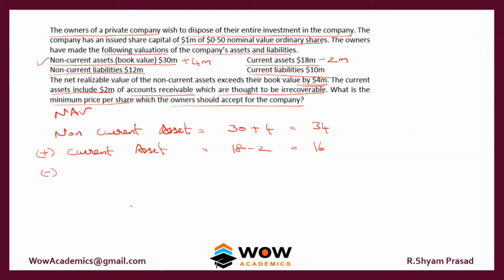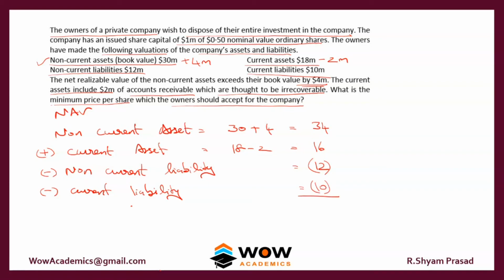We'll deduct the non-current liability of 12, and also deduct the current liability. So the total value comes to 28.